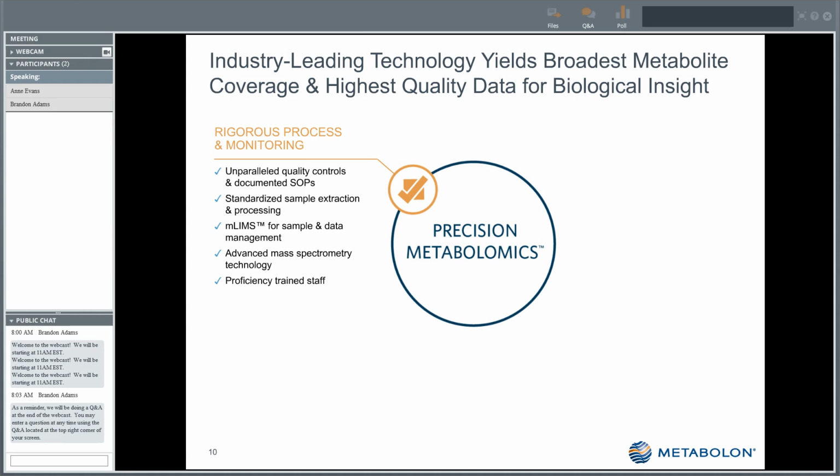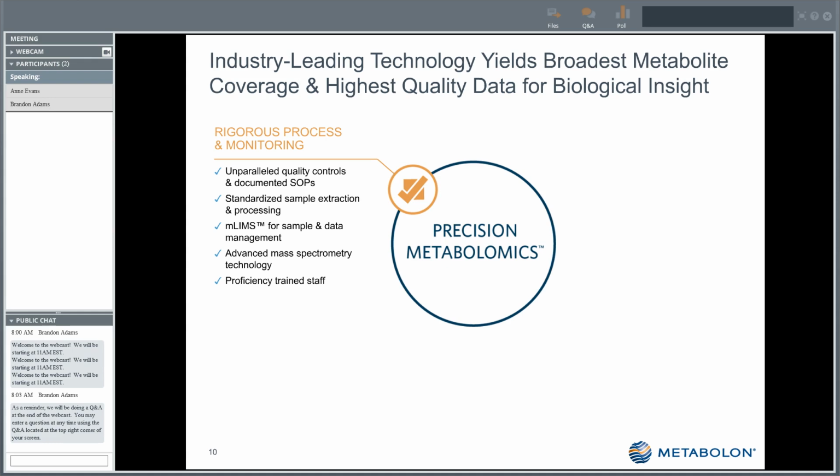All of our systems, samples, and data are housed in a LIMS system so that I have full traceability. I can go back to a study I ran 10 years ago and pull up the peak that we used to call leucine in the particular disease state. So it's all fully traceable.